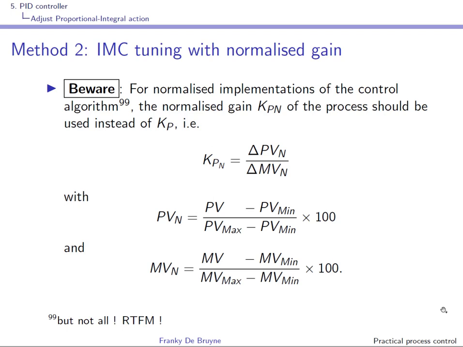If you do not know, you'll have to look at the documentation. In any case, if you have a normalized implementation of the PI algorithm, you have to use the normalized gain, whereas if your control algorithm is not normalized, then you'll have to work with the standard gain KP.